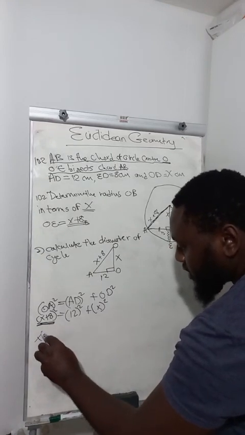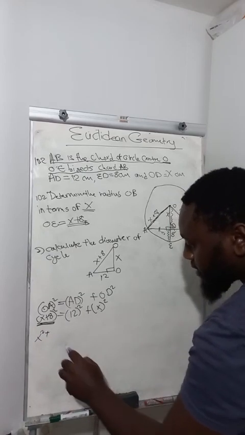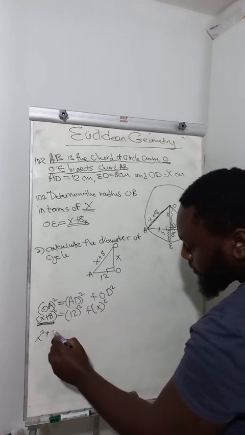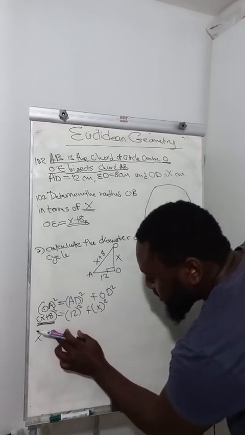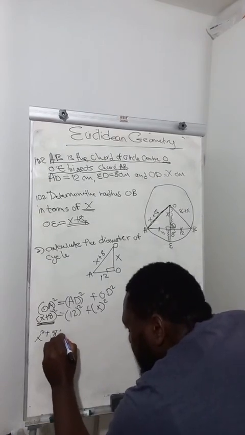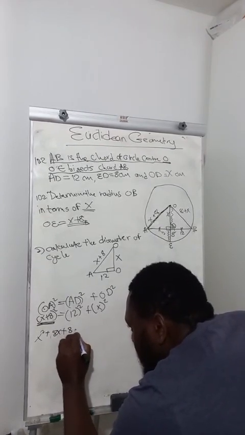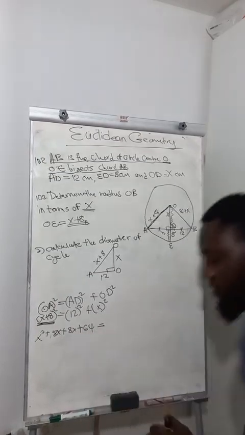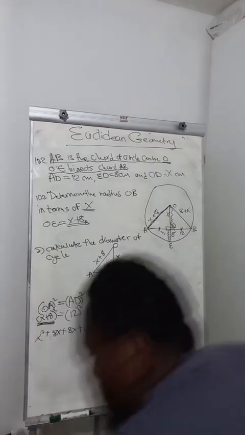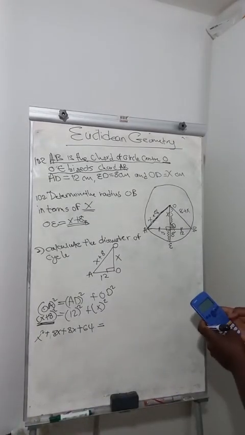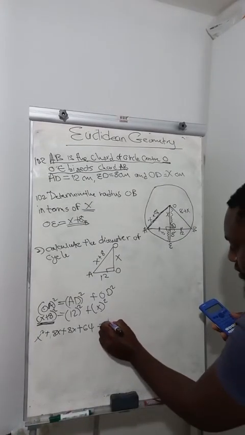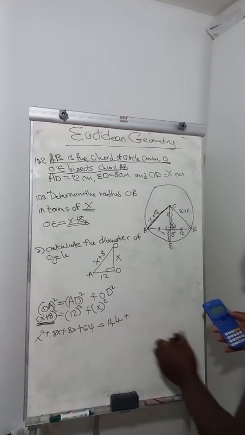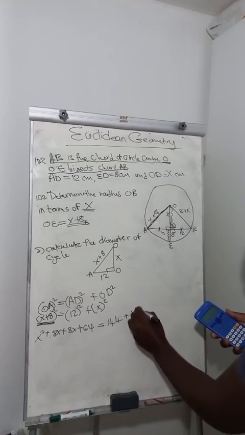This is just x squared plus 8 multiplied by x will just give you 8x, and then plus 8x, and then plus 64 is equal to 12 to the power of 2. This will just give you 144, and then plus x squared.